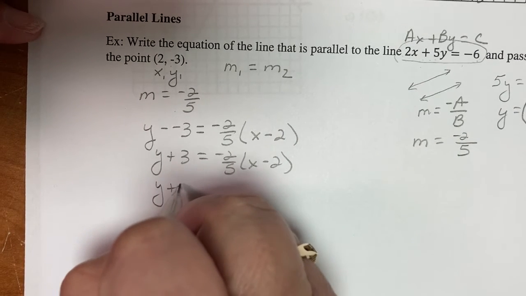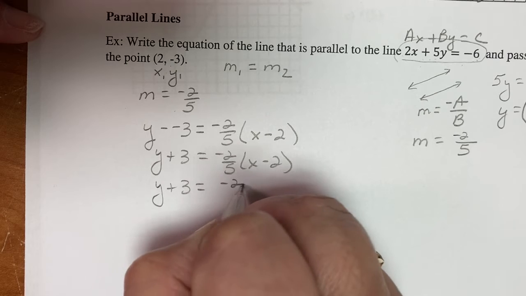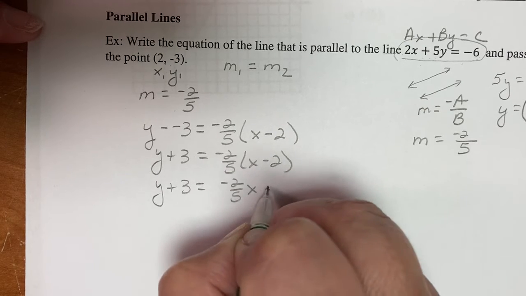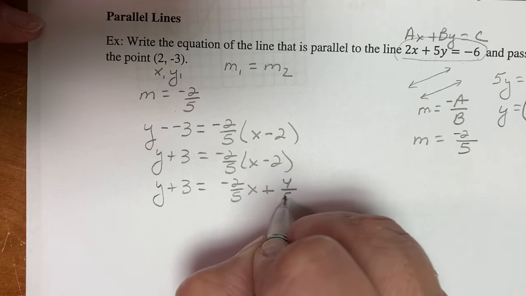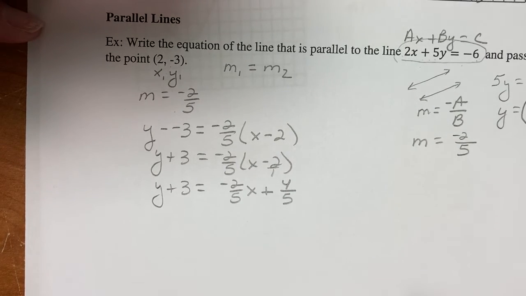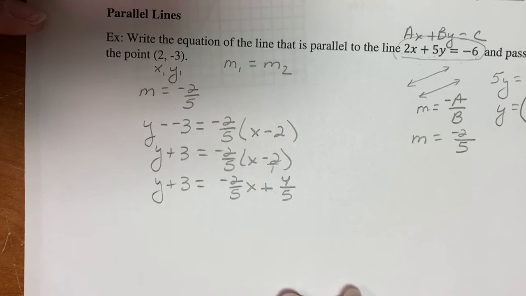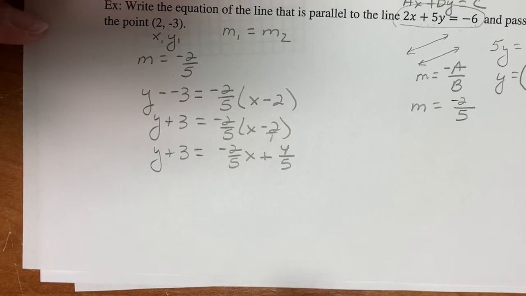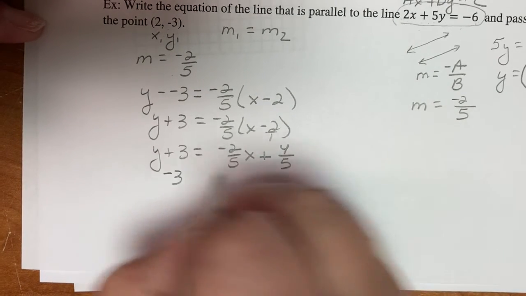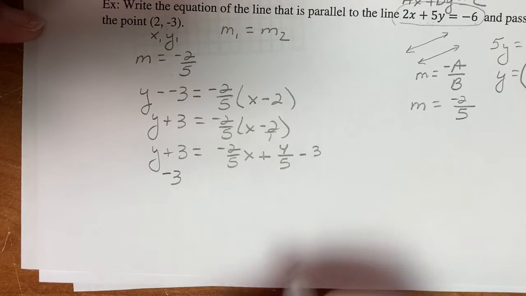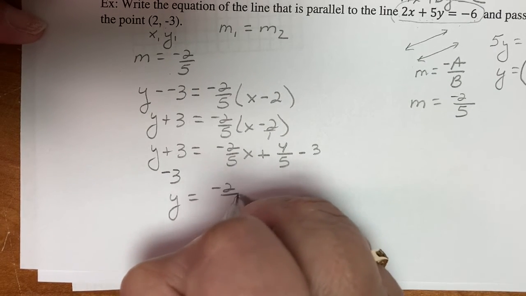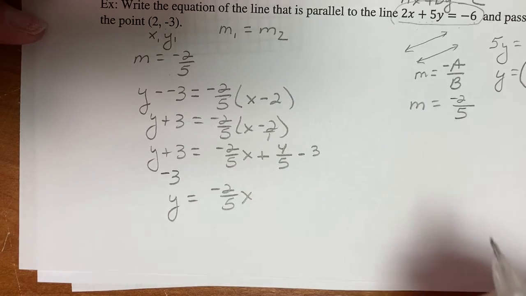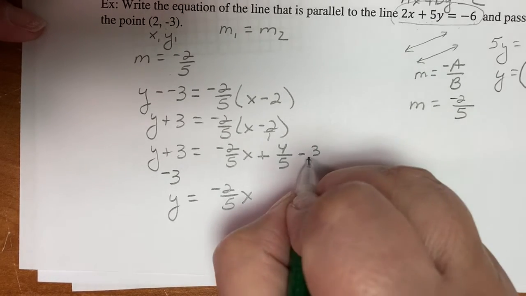So we'll distribute. So that's going to be negative 2/5 x plus, if I distribute this here, I'm going to get 4/5. Remember, this is really over 1. And now I'm going to have to subtract the 3, which means I'm going to have to subtract 3 over there. So y is going to be equal to negative 2/5 x. Okay, now you can use your calculator.